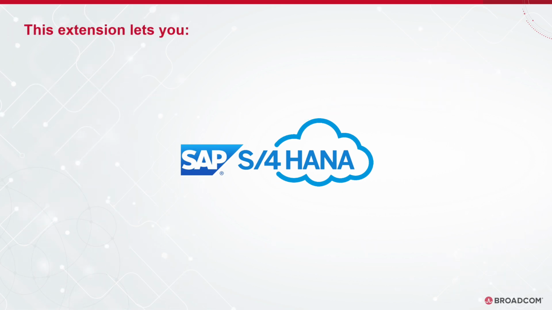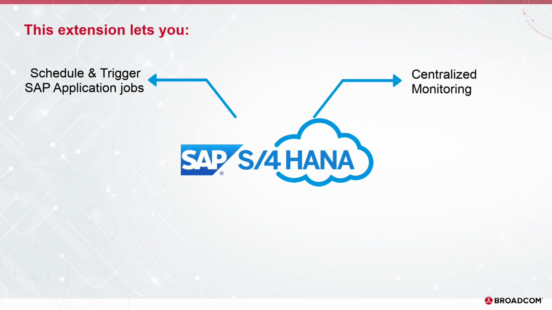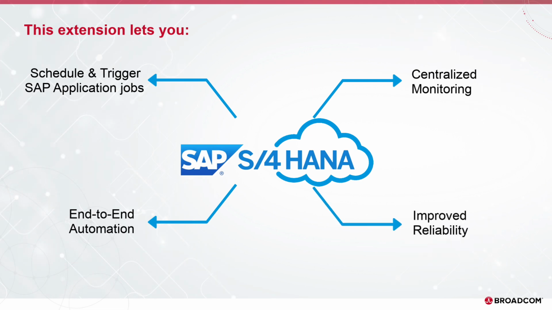With this extension, you can schedule and trigger SAP Application Jobs directly from AutoSys, monitor execution status and retrieve job output logs from a centralized automation interface, automate workflows that span databases, cloud services, and other application processes, reduce manual intervention and improve reliability for business-critical processes.